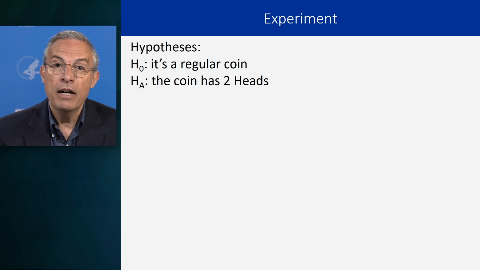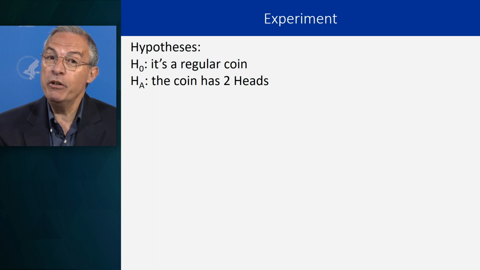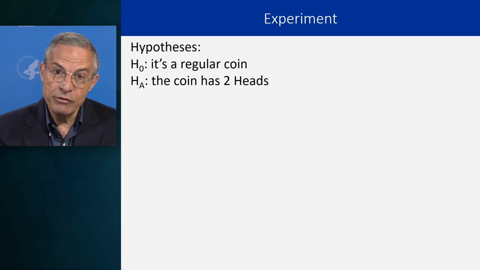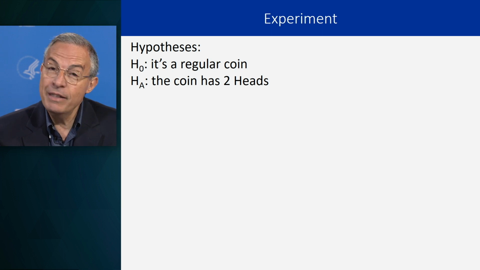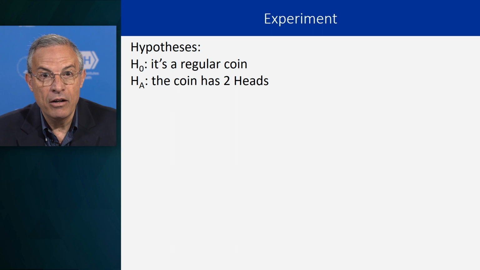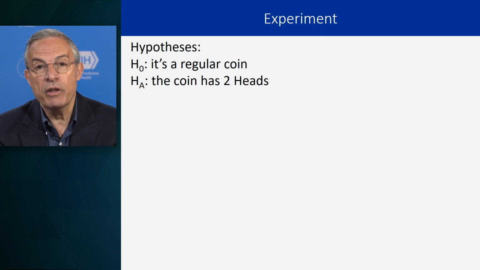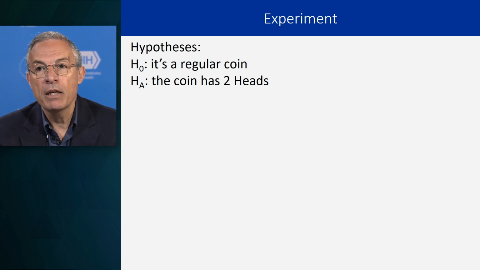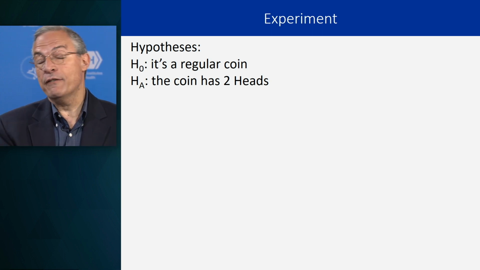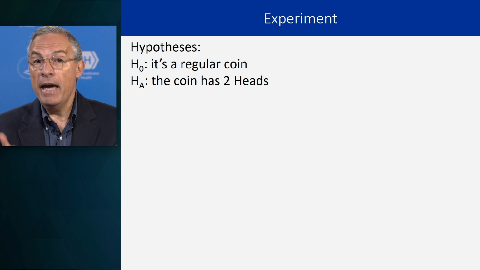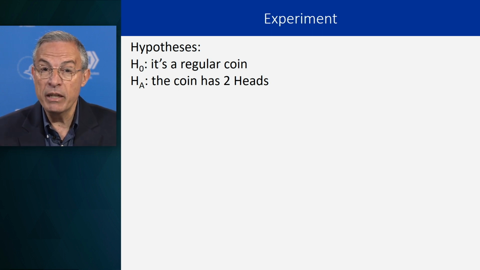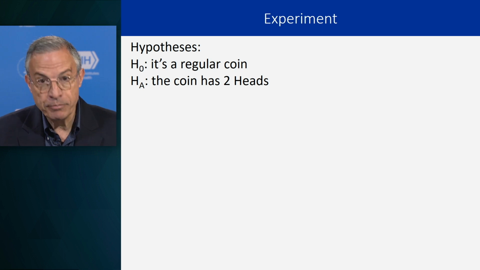And three, every toss, every experiment costs a lot of money and takes a lot of time. I'm trying to parallel real scientific research with this tossing of a coin. So it's important that you make the right decision, as fast as possible, and every experiment costs a lot of money and takes a lot of time.